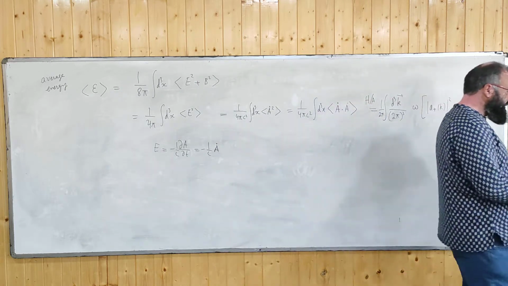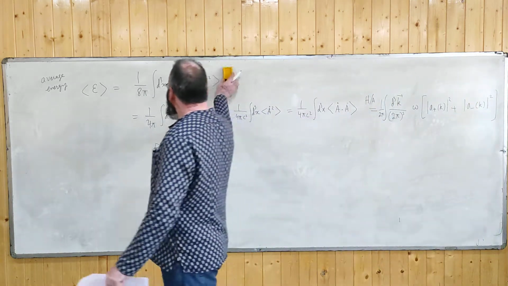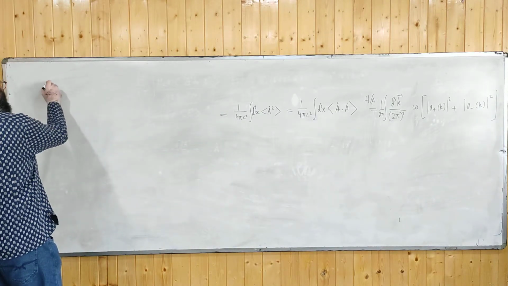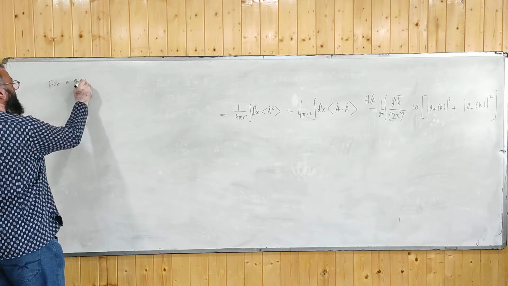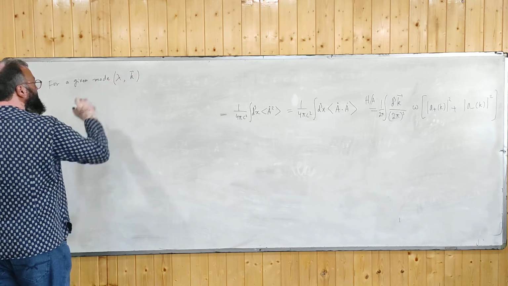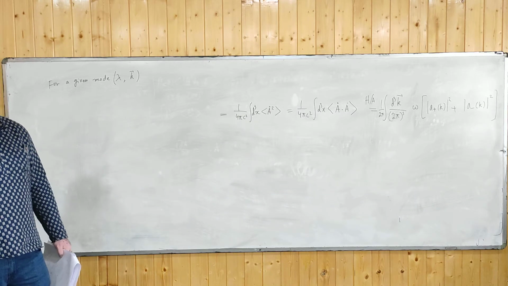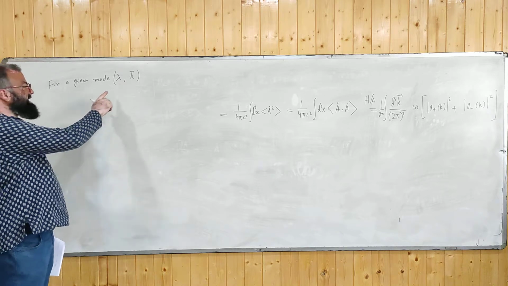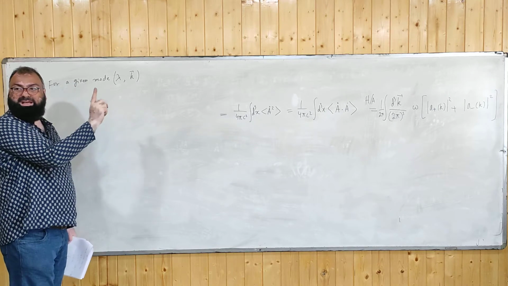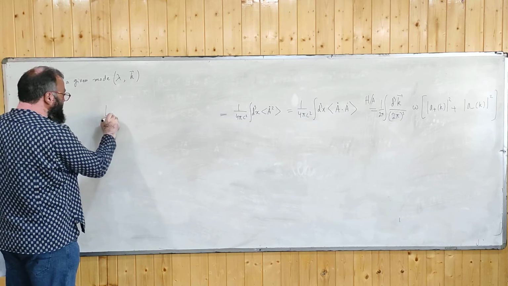So let's say for a given mode, lambda and k, you take one oscillation or one mode, specified by some polarization lambda, which can be plus 1 or minus 1, and a wave vector k. So this is the momentum. So what will be the average spin?